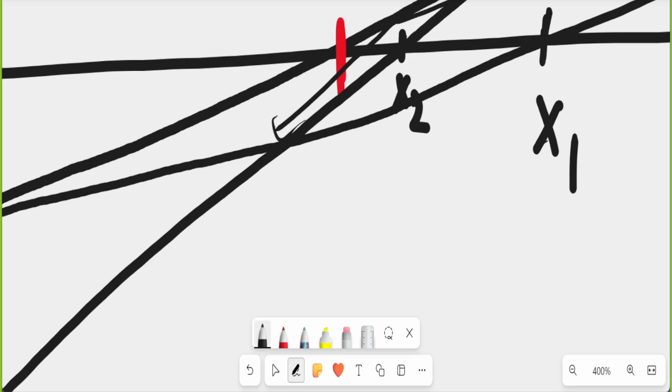We see it gets even closer to x3. We can see that x3 is closer to our 0 than x2, and x2 is closer to our 0 than x1. So every time we do this process of taking the tangent line near our desired value and finding where it hits the x-axis, we get closer and closer to our desired value. So we're approximating the 0.